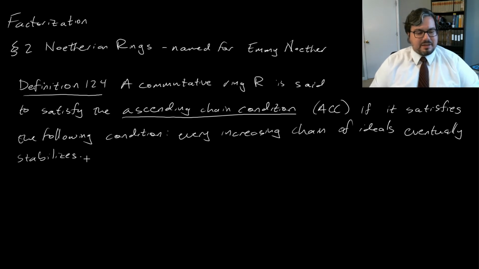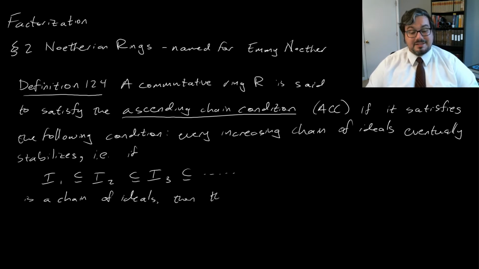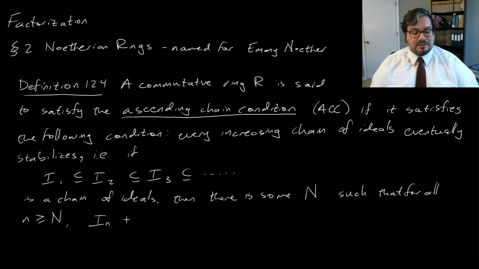So that is to say that if we have a chain of ideals that looks like I1 is contained in I2, is contained in I3, going up like this, is a chain of ideals, then there is some capital N such that for all little n greater than or equal to big N, I_n is equal to I_N.